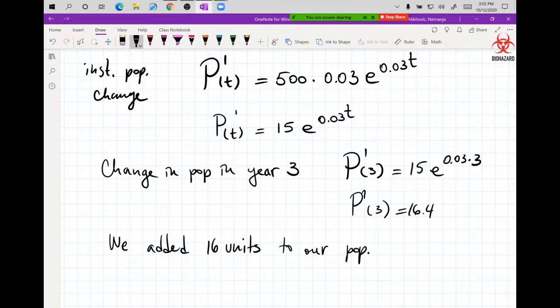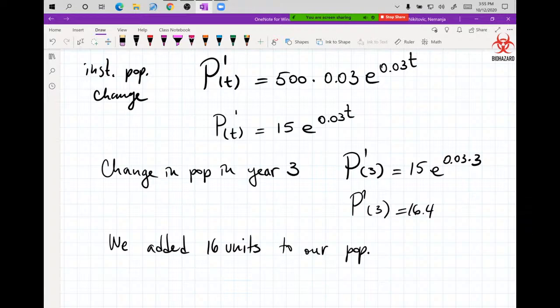So that's what we added, 16 units to our population in year 3. You want to round it up to 17, right? Because I could also accept 17, even though properly mathematically, to round this would be down to 16. But you know what? If this person is on the way, 0.4 of a time, we can count it in.